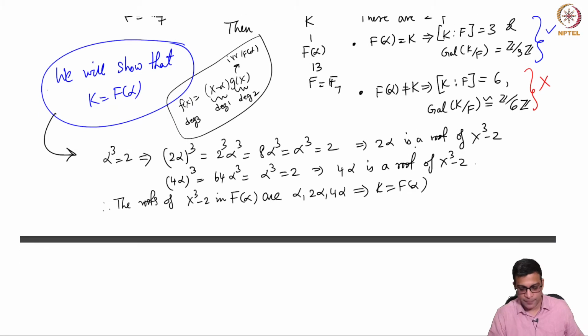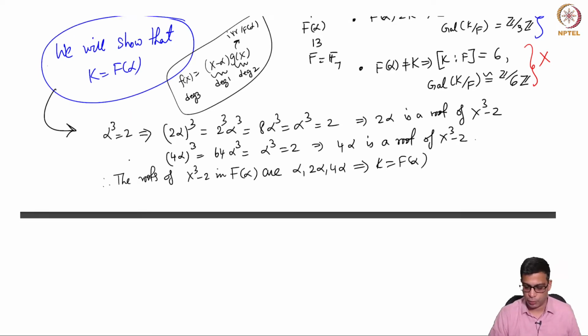The point is, there is a cube root of 1 in F7, namely 2 and 4. So once you have a cube root of 2 and a cube root of 1, you can multiply them to get another cube root of 2.